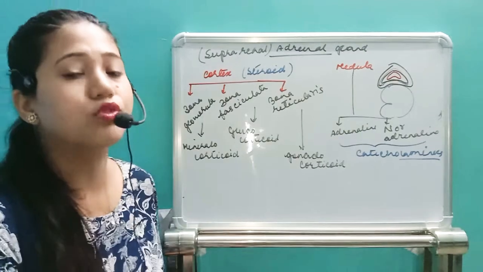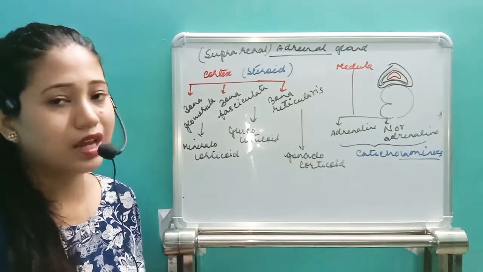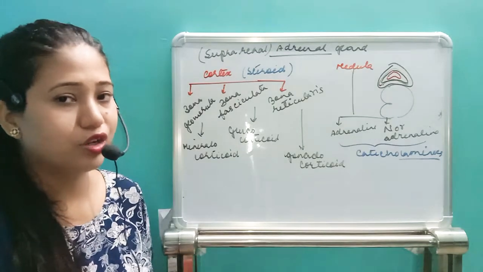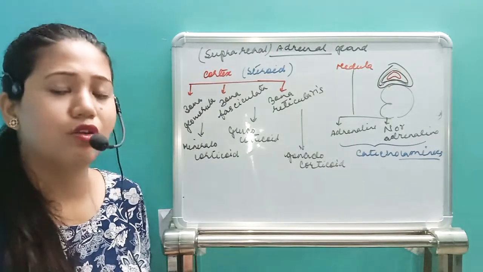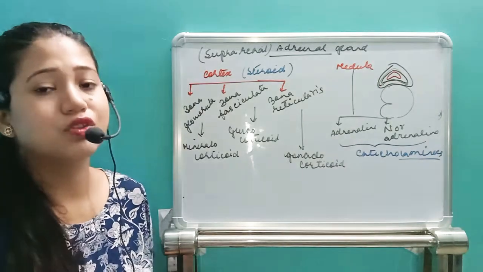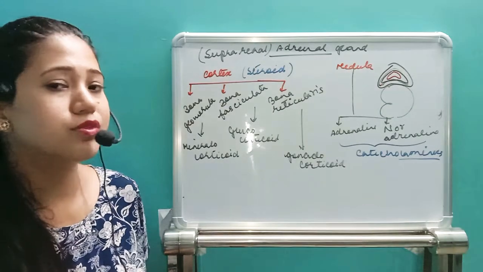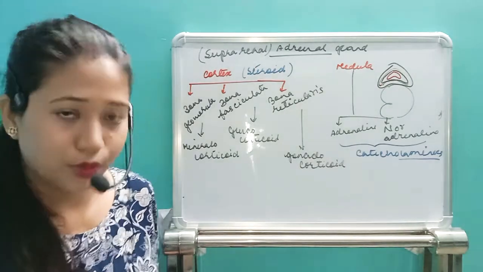So three hormones are released from each of the parts. These three hormones together are called corticosteroid hormones, as they are steroid in nature, lipid in nature. But the medulla, which is releasing two hormones, they are amine derivative, that means formed from the amino acid.